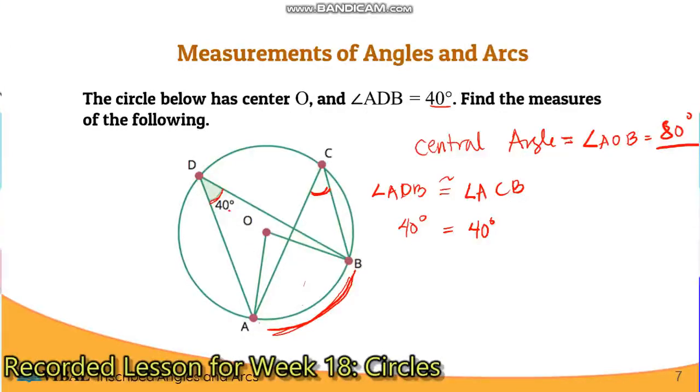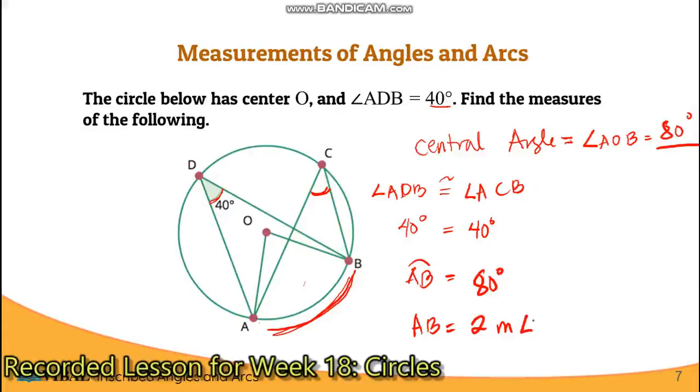Now, if these two inscribed angles lie on the same arc and the measure of the central angle here is 80 degrees, what is the measure of arc AB? 80 degrees. Why? Arc AB is 2 times the measure of the inscribed angle ADB.